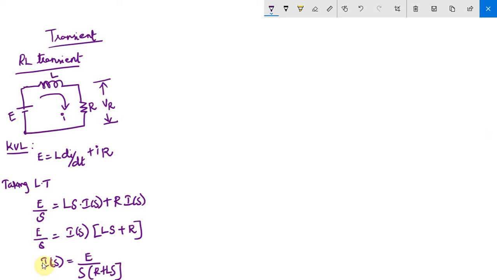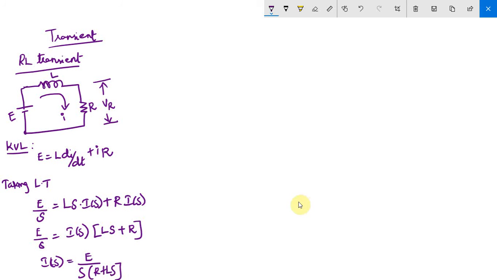Okay, so since we have two S terms here, at first we are going for partial fraction, right? Before taking partial fraction, we have to check whether the coefficients of S are 1. Here the coefficient is going to be 1, and what about the coefficient of this S? It's L. So we need to take L common from this.